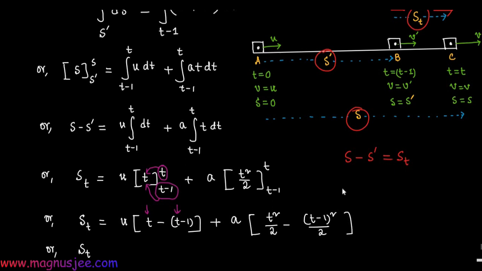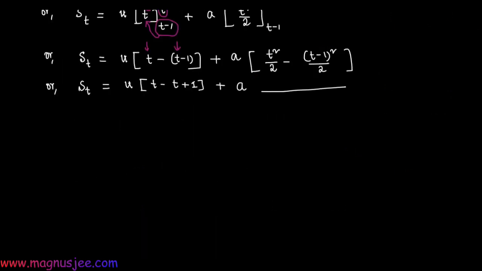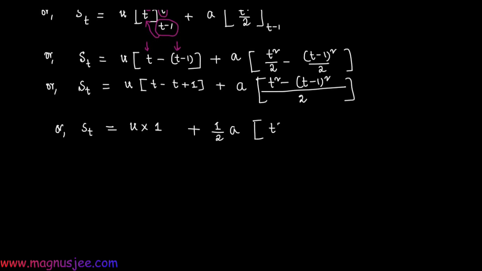So s t equal to u into (t minus t plus 1) plus a, doing LCM, (t square minus (t minus 1) whole square) divided by 2. Or s t is equal to u into 1 plus half a (t square minus (t minus 1) whole square).